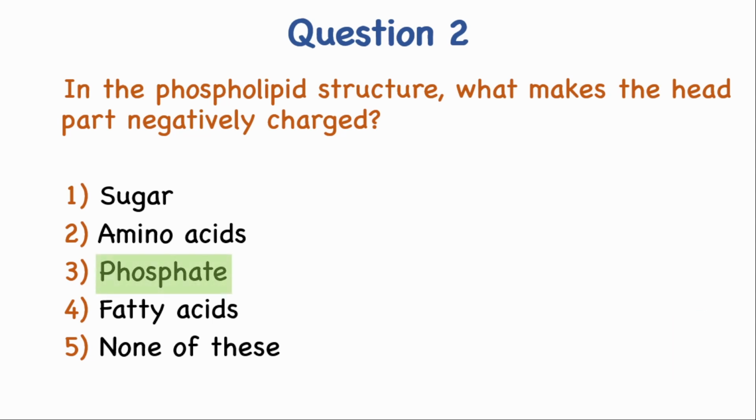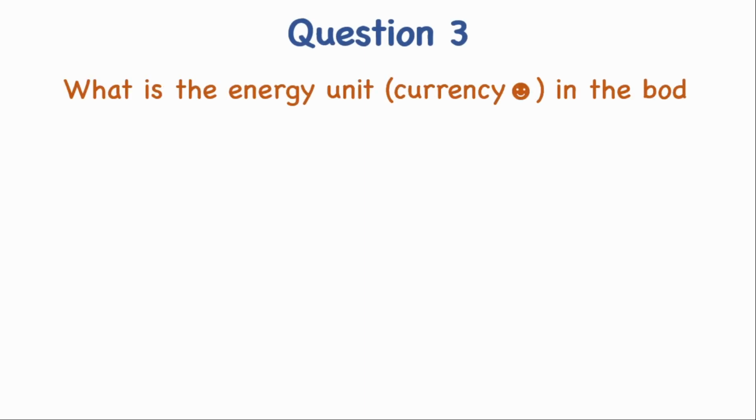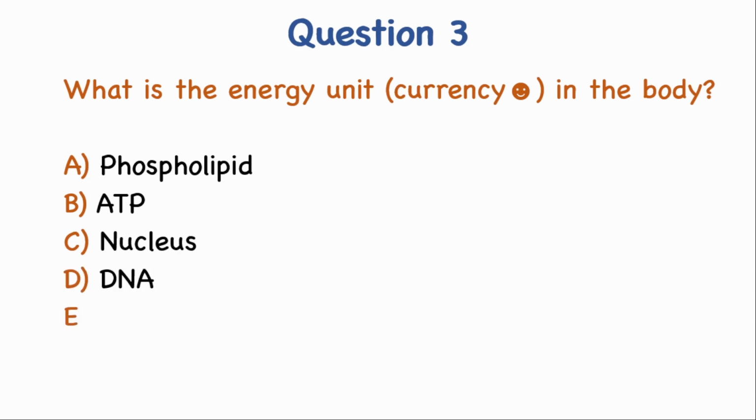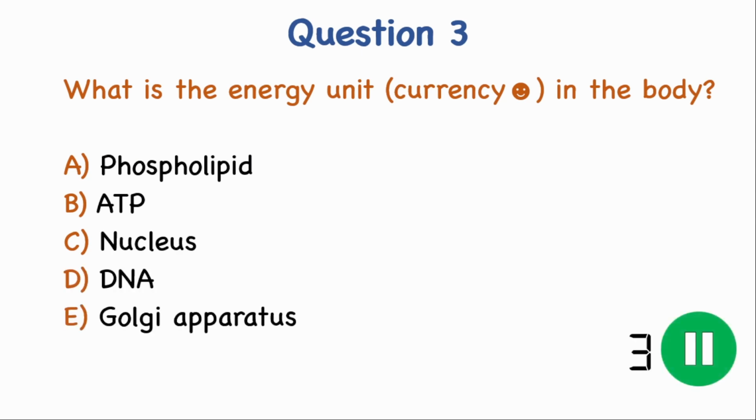We've said that the head part of the phospholipid contains the negatively charged phosphate group. We said that the ATP is the energy unit of the body, and it is made by the mitochondria.